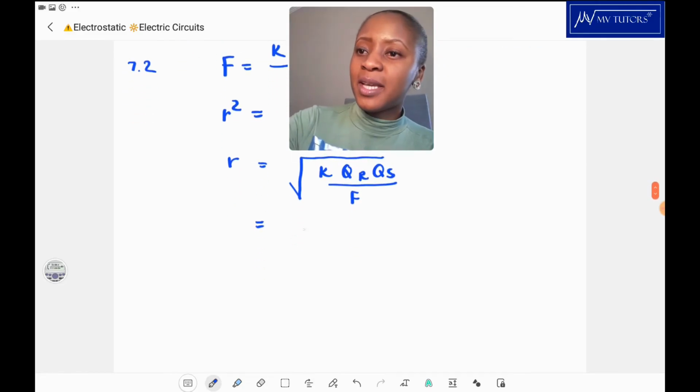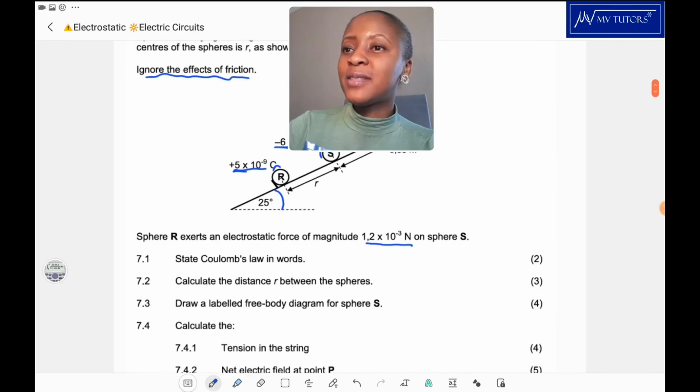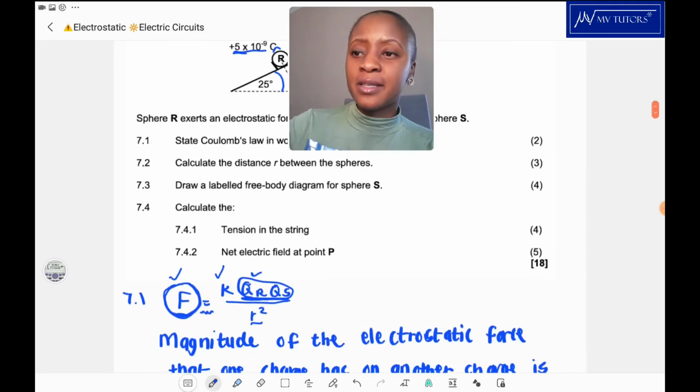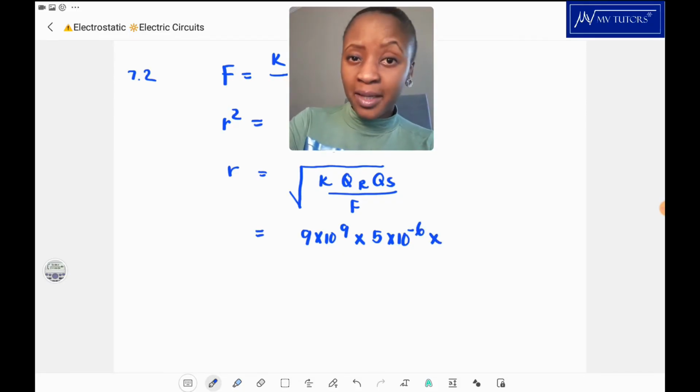K is 9 times 10 to the power 9. And then you have QR. I forgot the values. R is 5, and then S is negative 6. So 5 times 10 to the power minus 6. And remember we said we're only using the magnitudes, so you don't put in the negative sign.